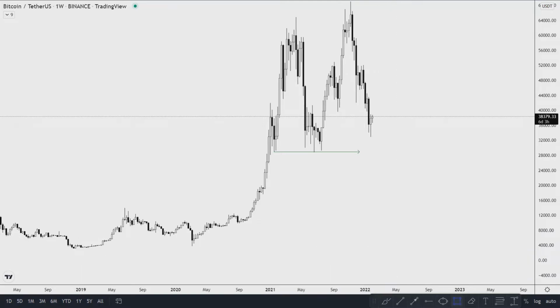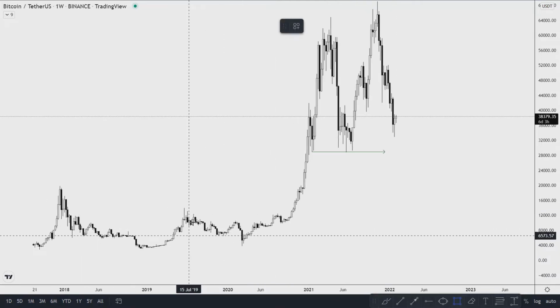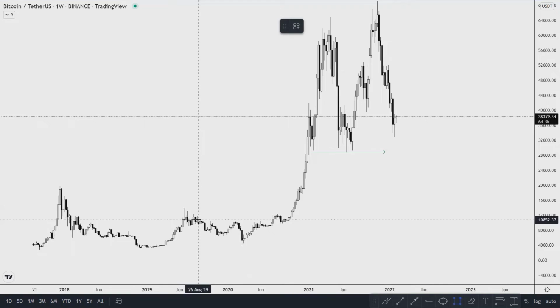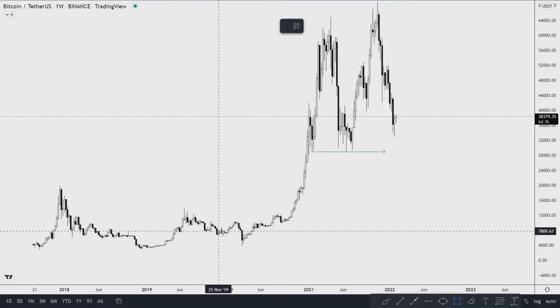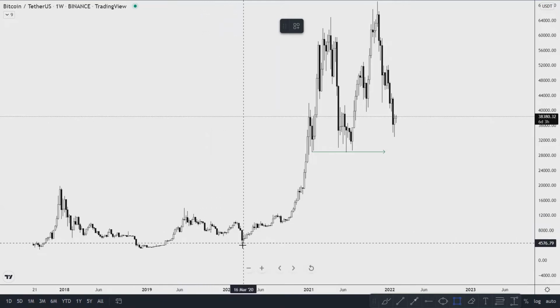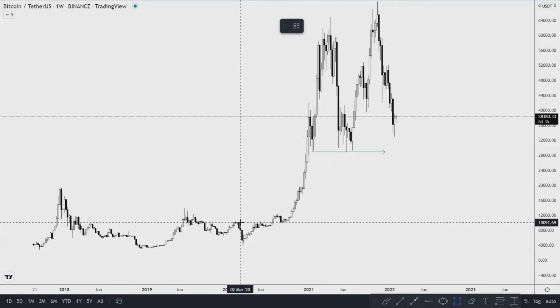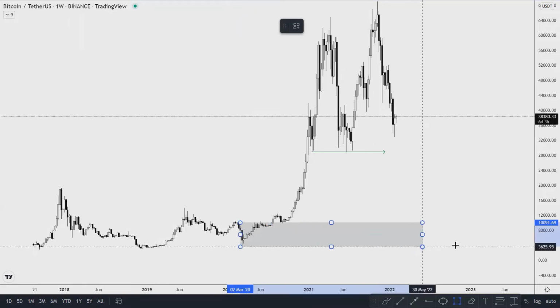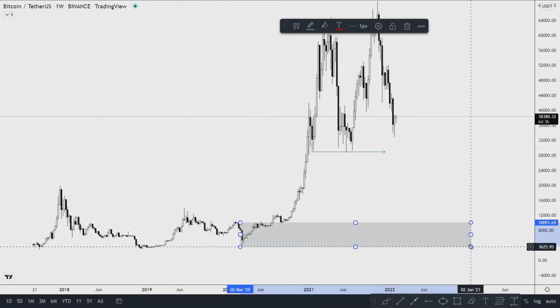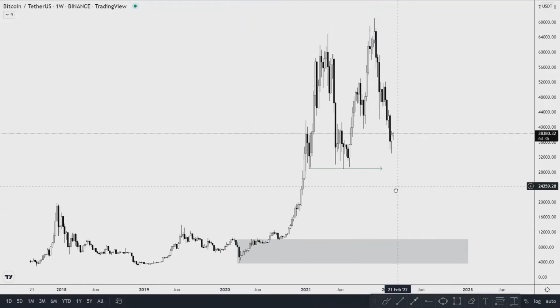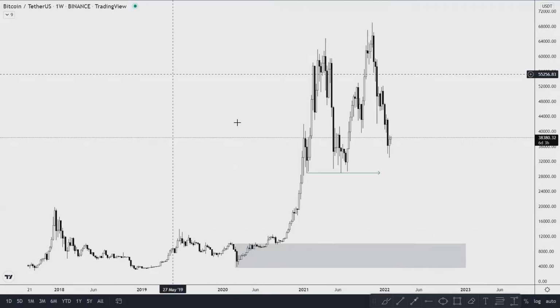And then next will be this area. So we have price going sideways, we trade down, and then we start going bullish. So this place right here is an area of interest for me as well. And this is on the weekly time frame as well.